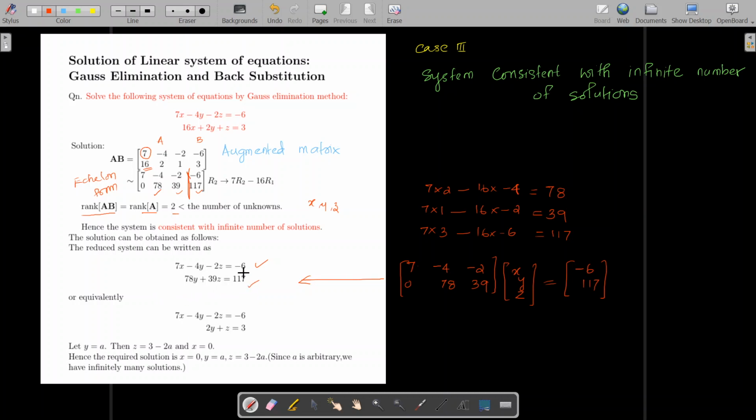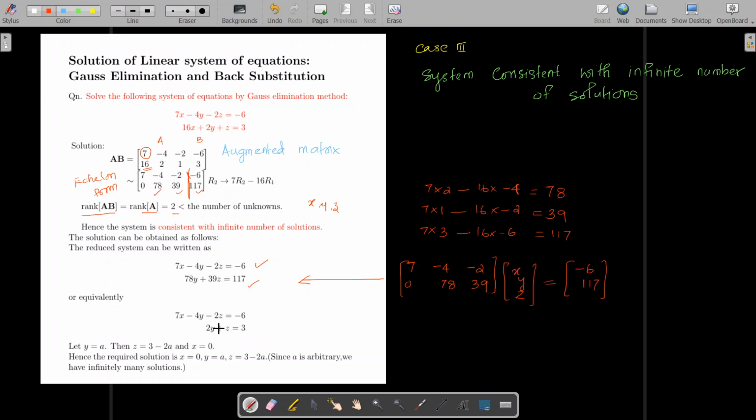We can simplify the second equation by dividing throughout by 39, so that the second equation becomes 2y plus z equal to 3. Now this reduction can be done in this row echelon form itself, and whatever be the step in which you make this reduction, that is not at all a problem. So here I do this reduction while we write this reduced linear system of equations.